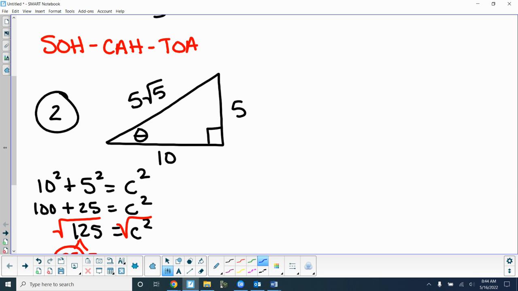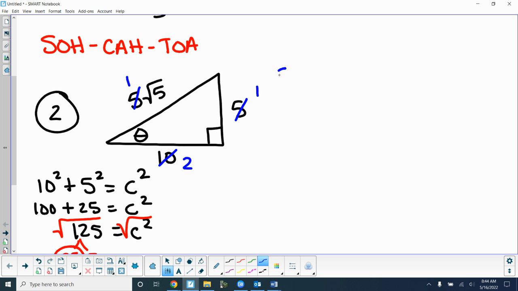Okay? So I divide 5 by 5 and get a 1, 5 divided by 5, and 10 divided by 5. So now my 3 sides are 2 for A, 1 for B, and 1 radical 5, or just radical 5 for C. Okay?